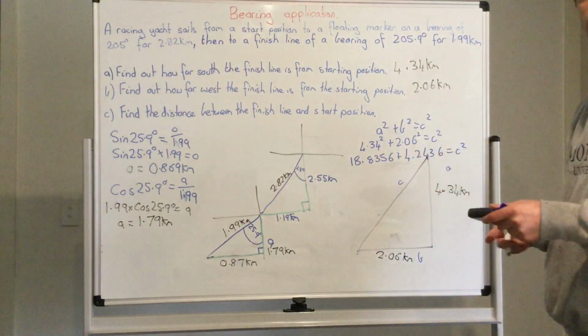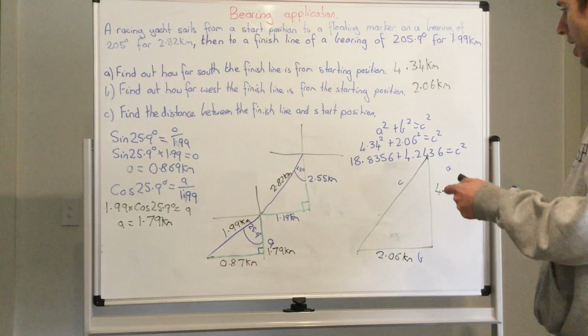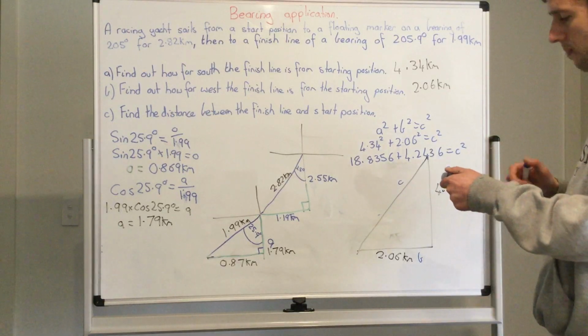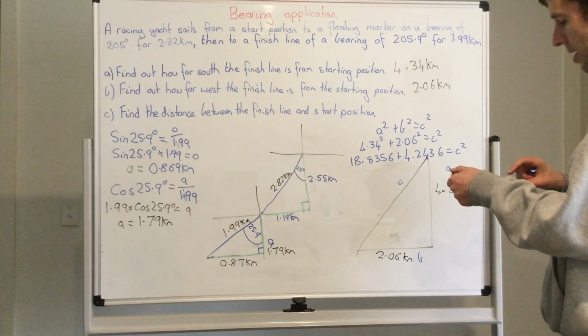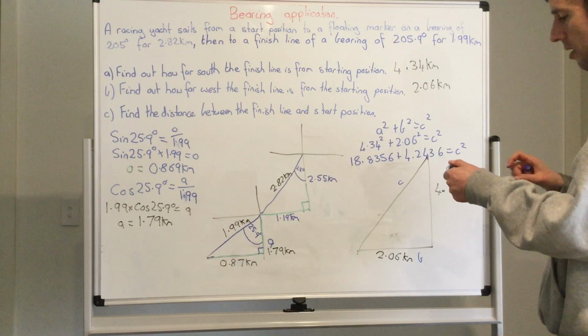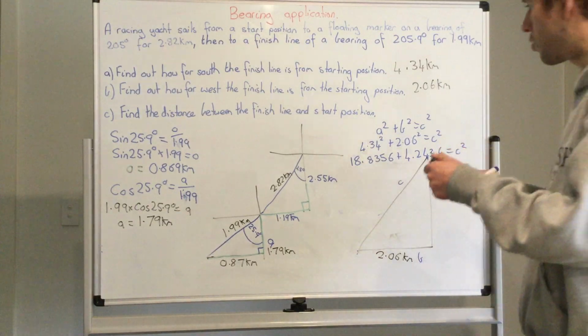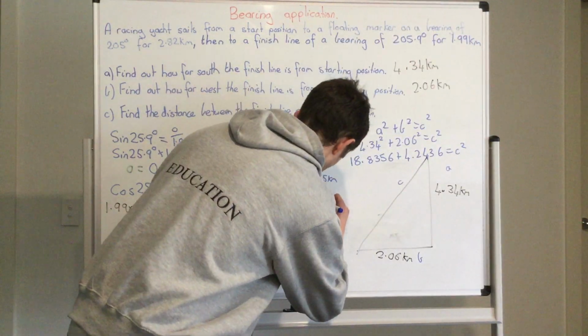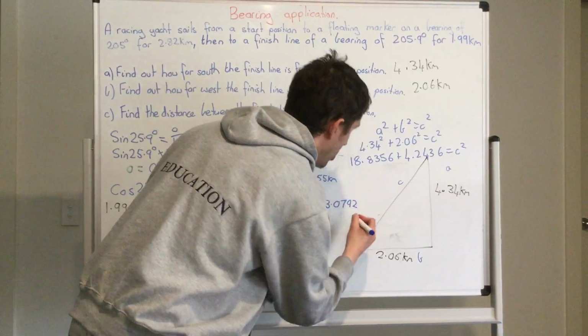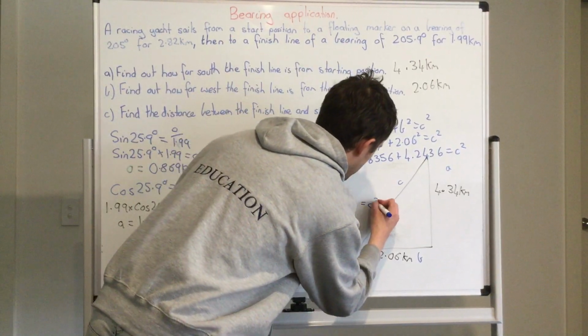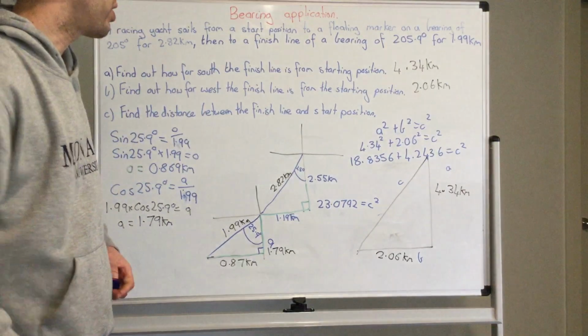So I'm going to add those two up. 4.2436 plus 18.8356, and it equals 23.0792 equals c squared.